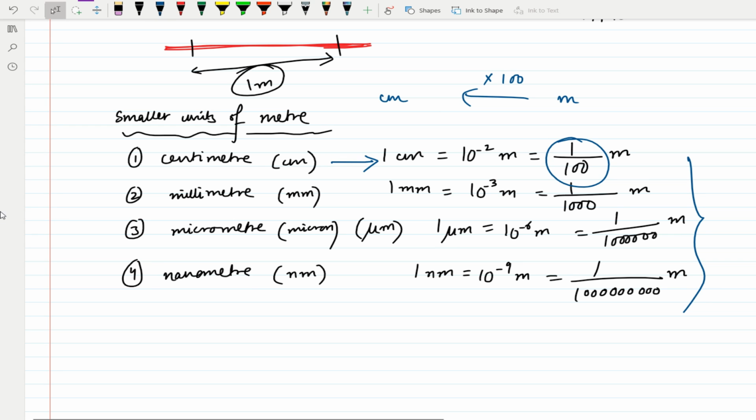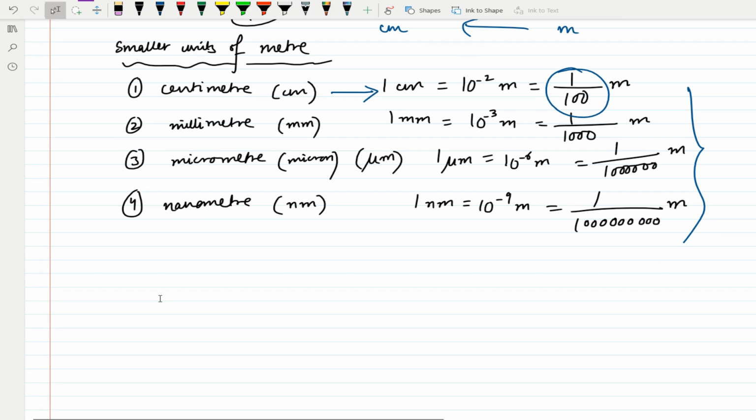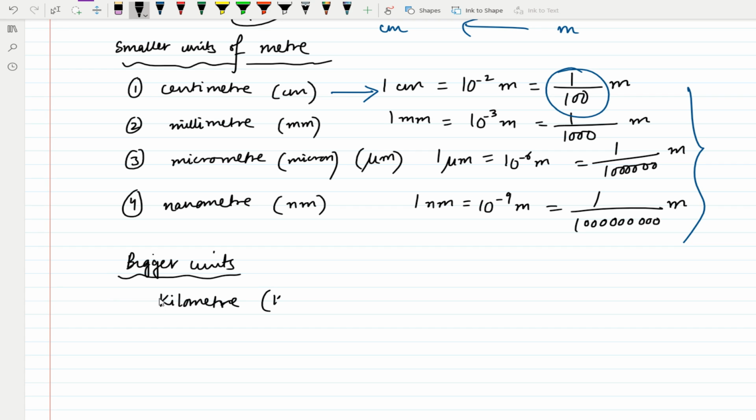Now we have some bigger units also. Of them, the most common one I'm writing is kilometer, denoted by km.